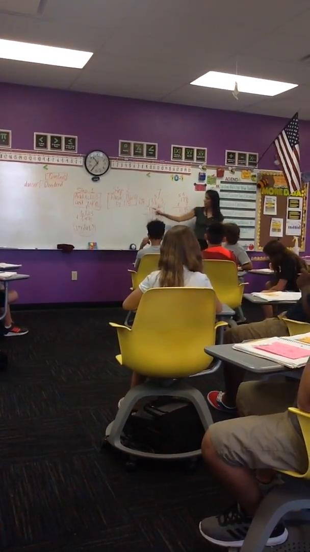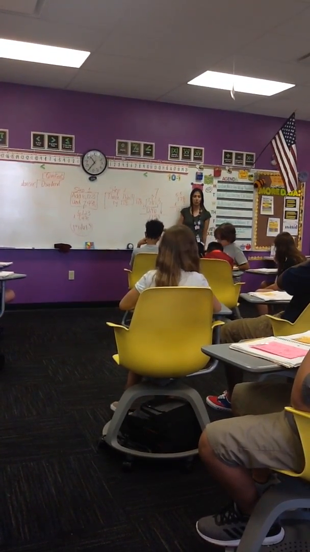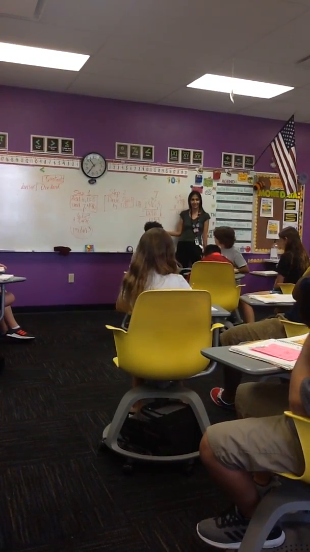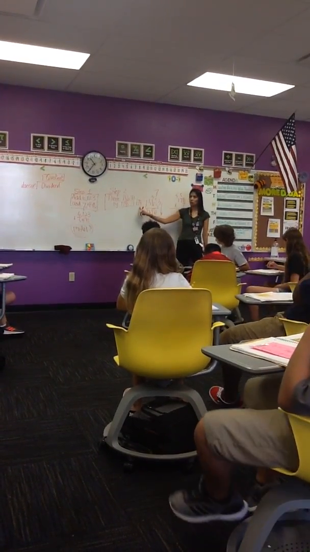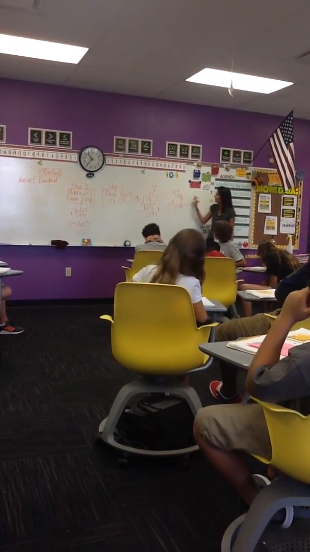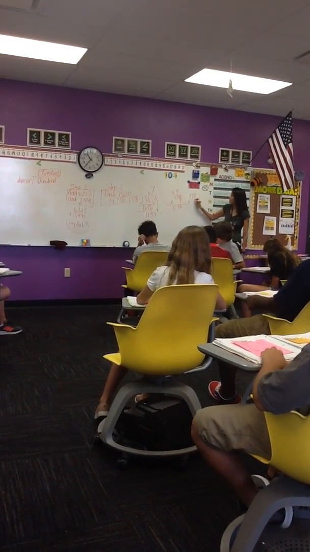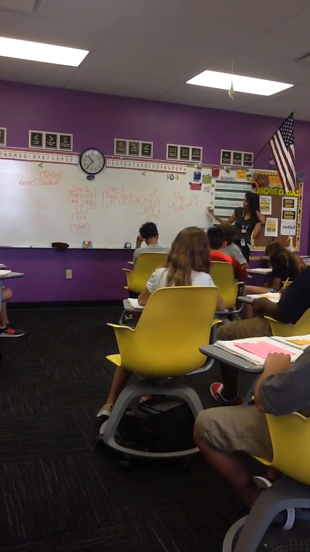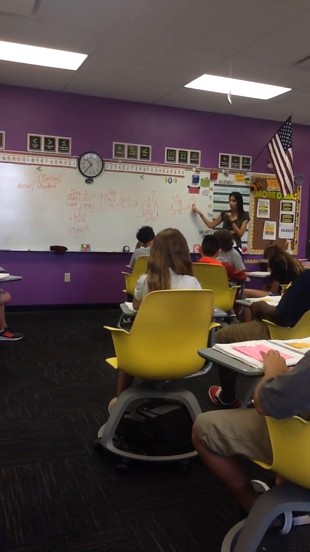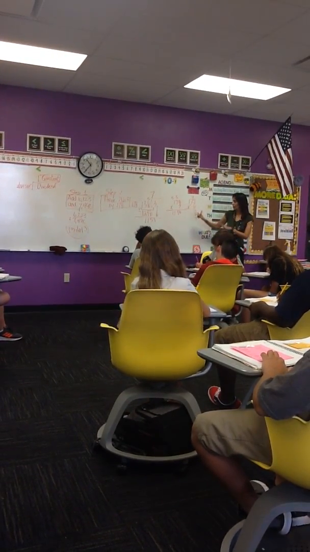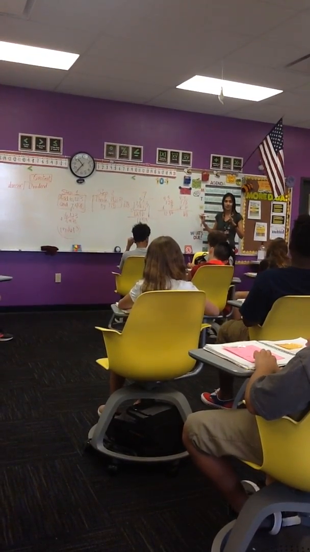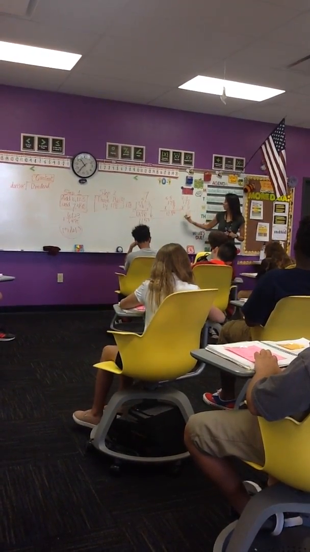So I'm going to make this guy real close to 2. I'm going to make this guy real close to 12. So what number should I try? I'm making this guy real close to 200, and I'm making this guy real close to 1,200. 6. Let's try it. 178 times 6. 6 times 8, 48. 6 times 7 is 42 plus 4. 6 times 1 is 6 plus 4 is 10.